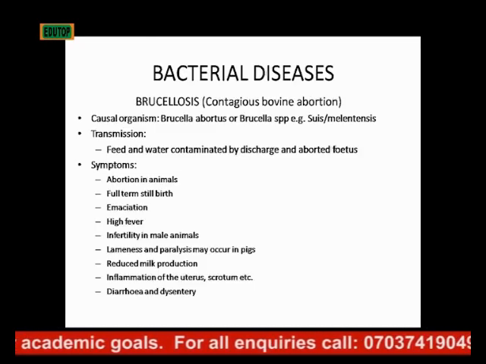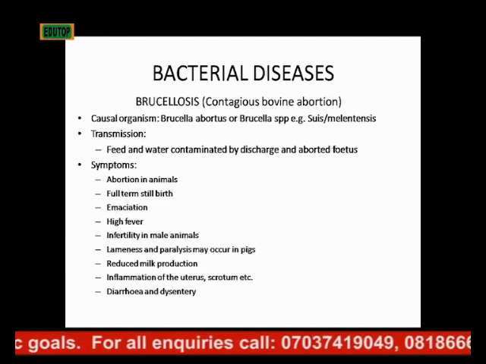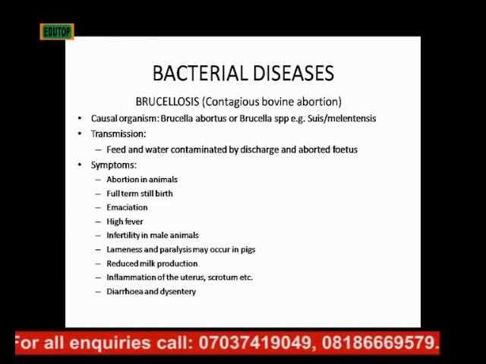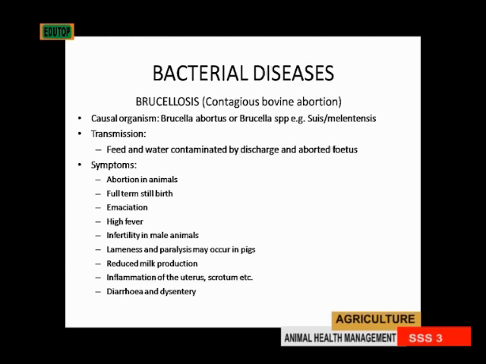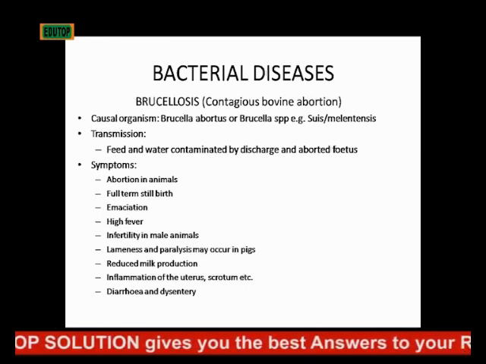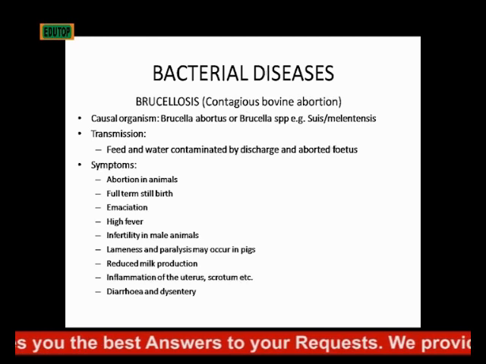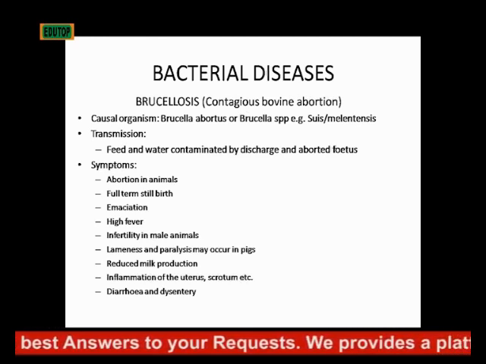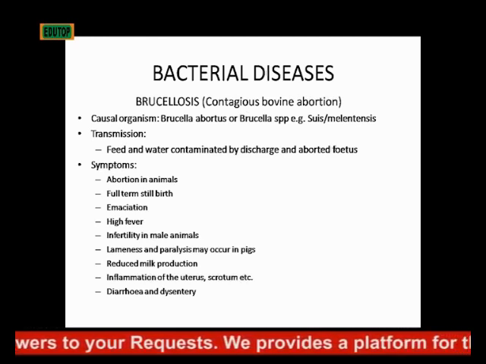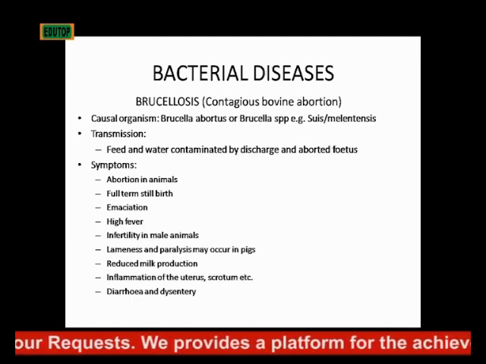The next bacterial disease is brucellosis, which is also called contagious bovine abortion. The causal organism is called Brucella abortus or Brucella species. An example is Brucella suis or Brucella melitensis. The mode of transmission is by feed and water contaminated by discharge and aborted fetus.